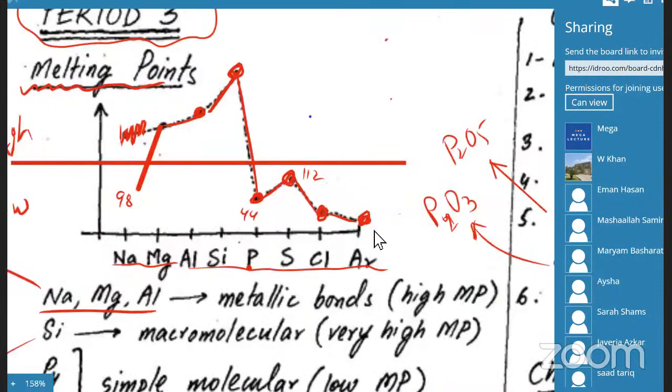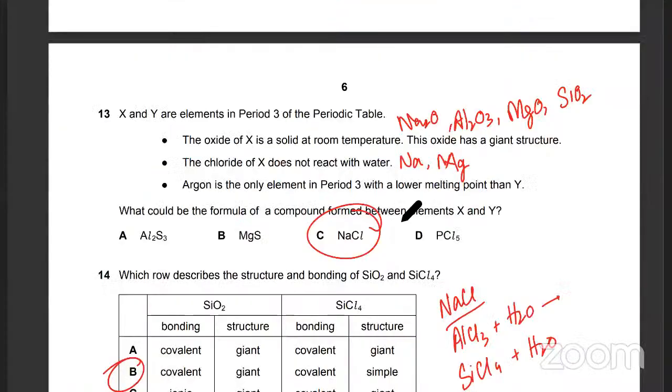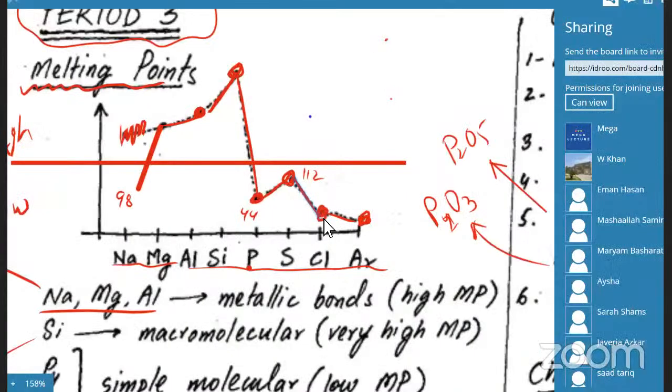Argon has the lowest melting point. The only one greater than that is Cl. Did he mean that? Argon is the only element with a lower melting point than Y. That is true. So that is Cl. Is that clear? Yes. Okay, so that still makes sense.